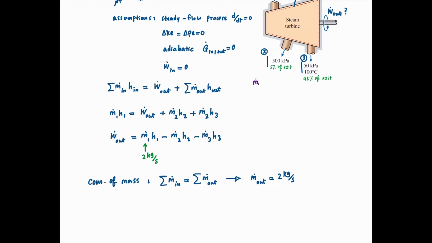M dot 2 is 5% of m dot out, and m dot 3 is 95% of it. So m dot 2 is 0.1 kilogram per second, and m dot 3 is 1.9 kilogram per second. I just need to determine the enthalpies.